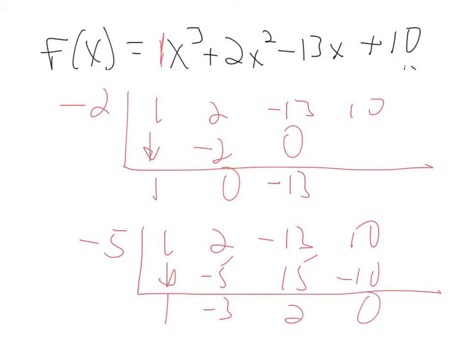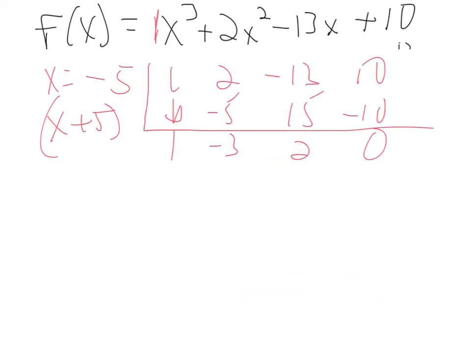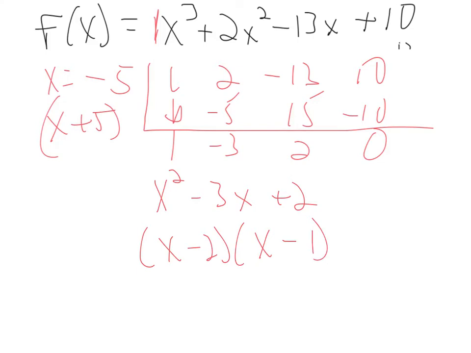So that's one of the roots. x equals negative 5, which means that one of the factors is x plus 5. So now I know I've got a quadratic, x squared minus 3x plus 2. And that factors to x minus 2, x minus 1. So x has to equal 2, x has to equal 1.